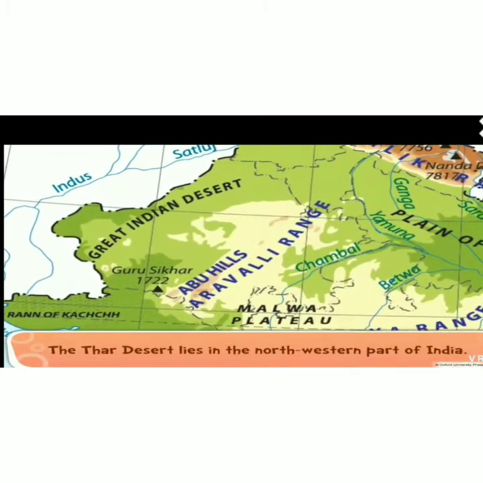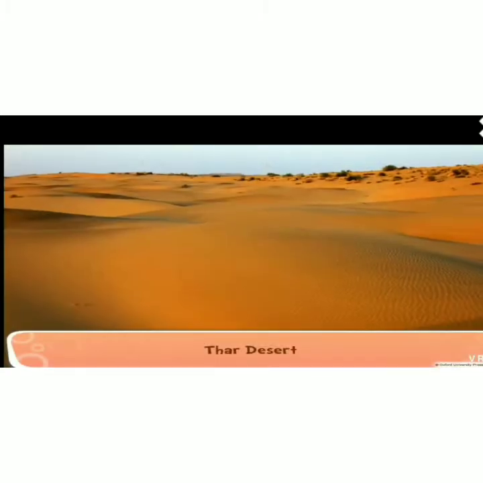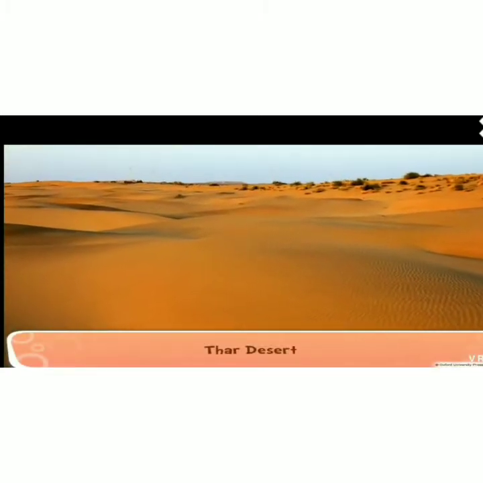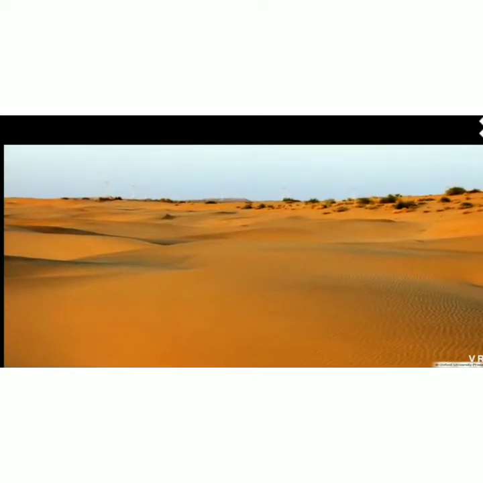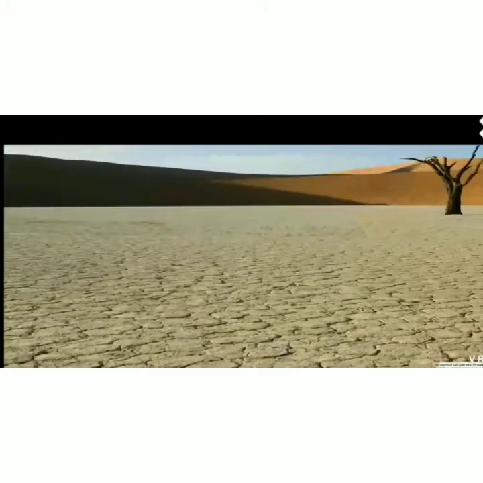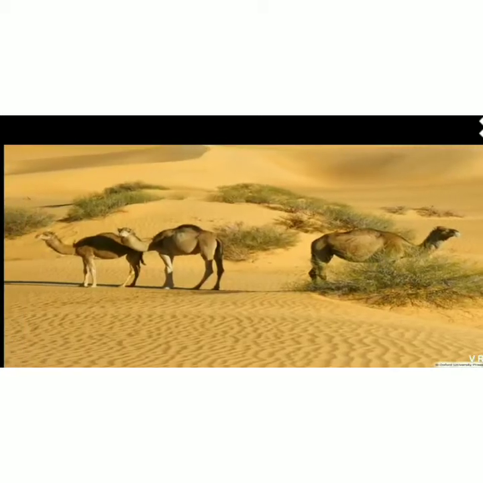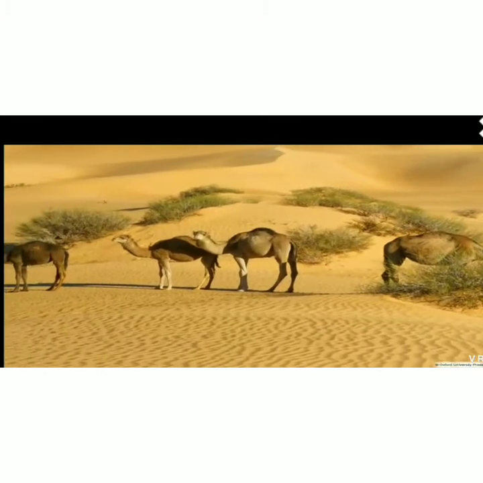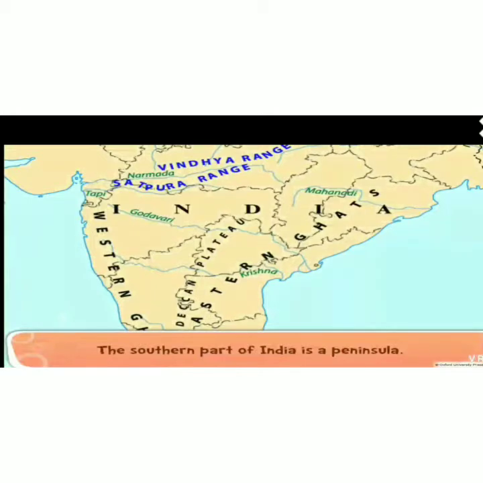The Thar Desert lies in the northwestern part of India. Thar is a vast dry area with sand that covers most of the parts of Rajasthan. The Thar Desert gets little rainfall and there is scarcity of water. Very few plants and trees like cactus and date palms grow in the desert.